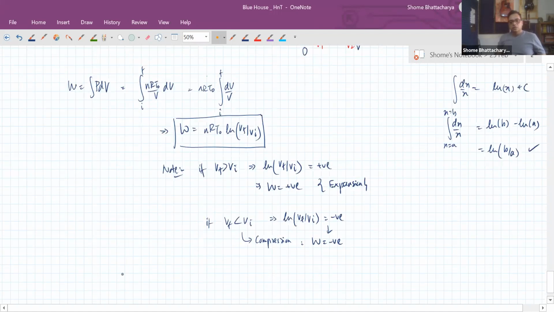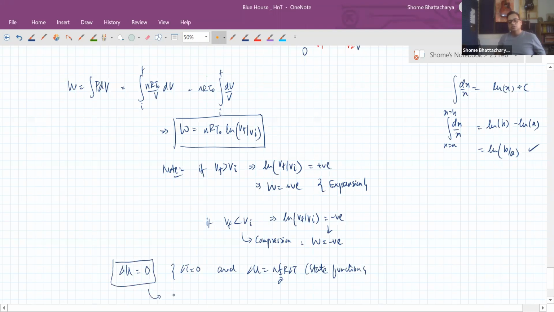Okay. Now next up, let's understand that delta U will be 0 because change in temperature is 0, and delta U in general is defined as nf by 2 R delta T, as a state function. So in an isothermal process, what is happening?